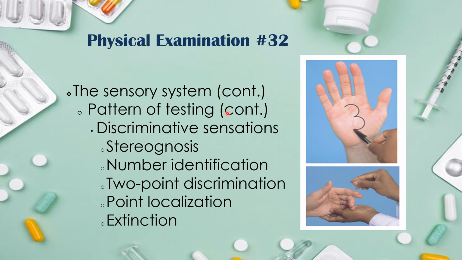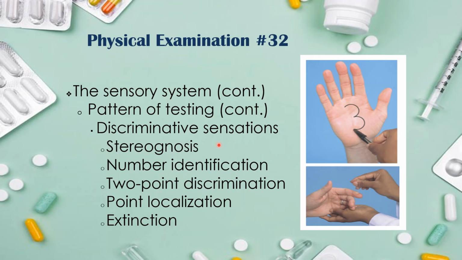There are several additional techniques to test the ability of the sensory cortex to correlate, analyze, and interpret sensations, because discriminative sensations depend on touch and position sense. They are usually useful when these sensations are either intact or only slightly impaired.